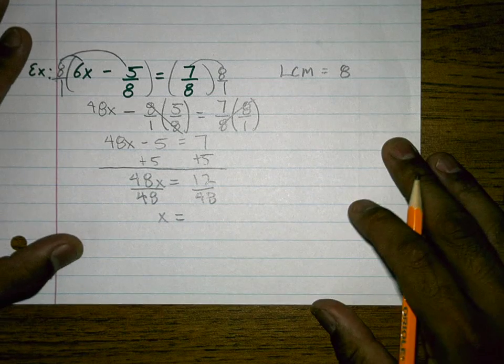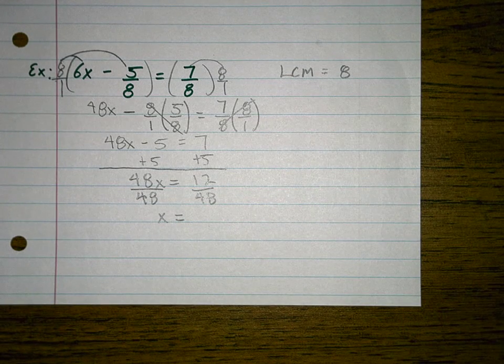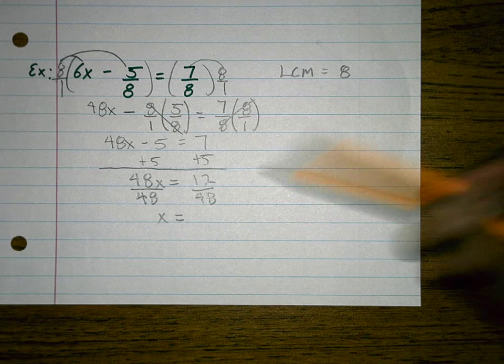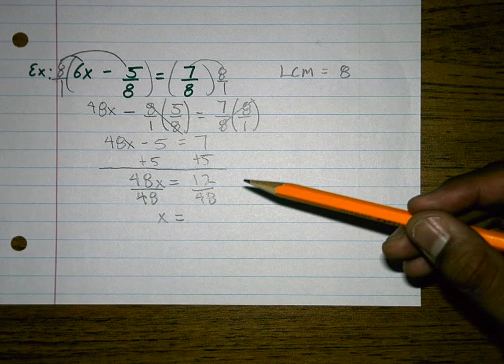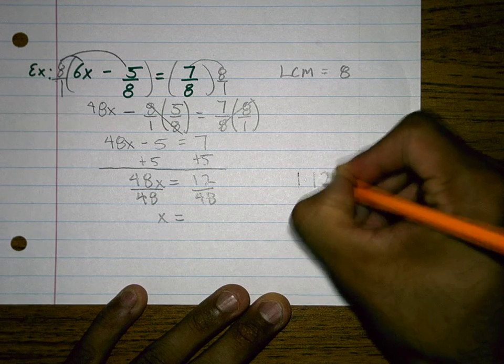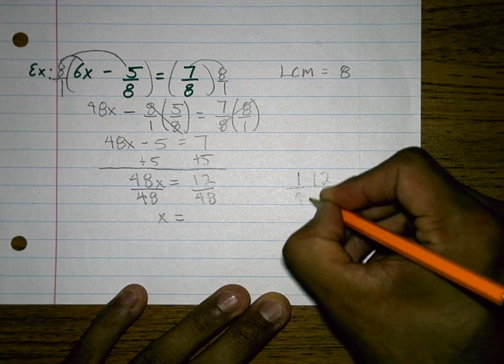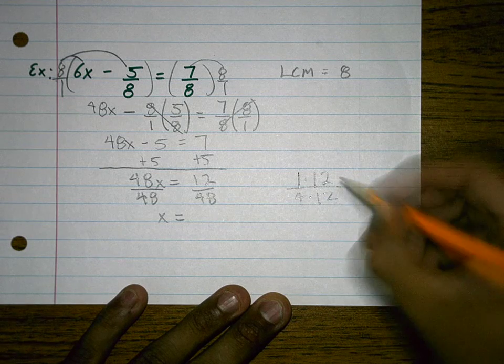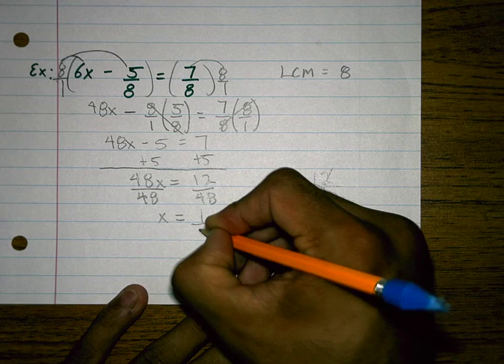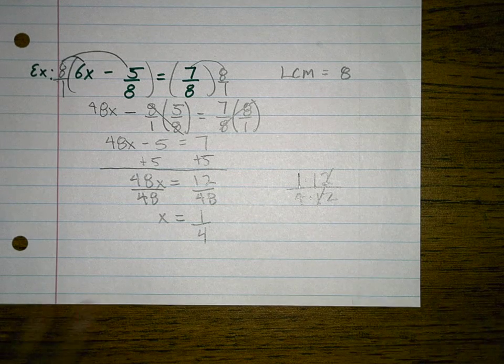Now, be careful here. A lot of the time people are going to say the answer is 4, because 48 is divisible by 12. But that's not what it says. It says 12 divided by 48. On a side note, 12 is the same as 1 times 12, and 48 is the same as 4 times 12. So I can cross those 12s off, and I get positive 1 over 4. And that's my answer, 1 over 4.